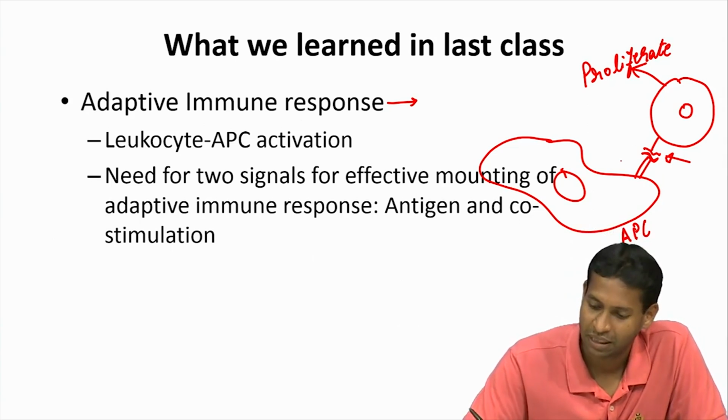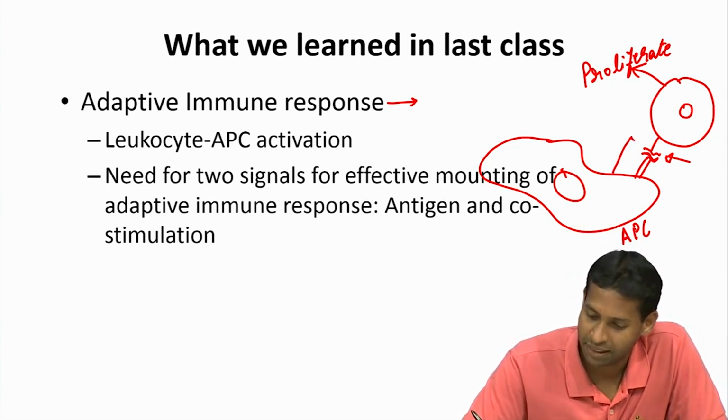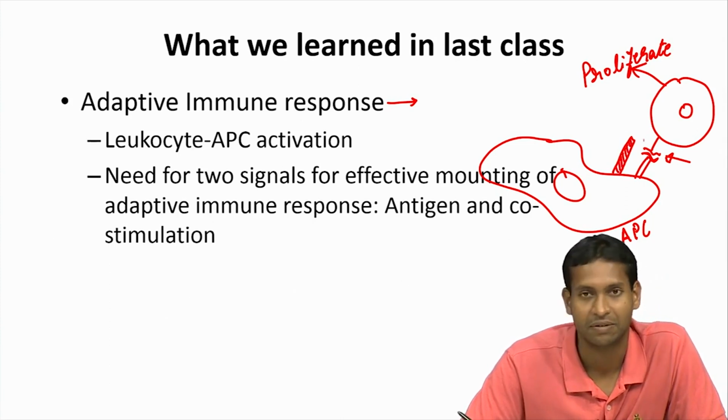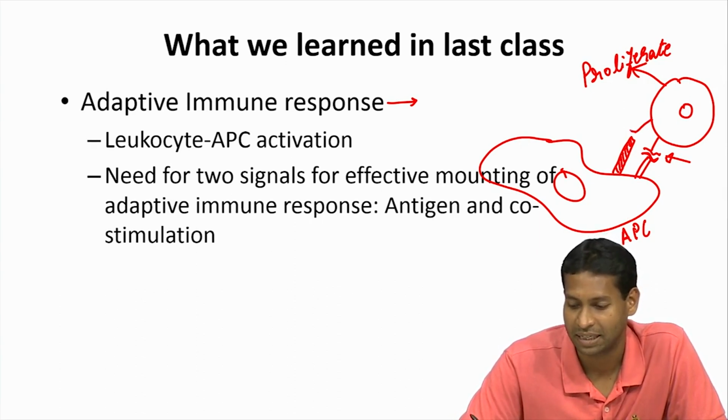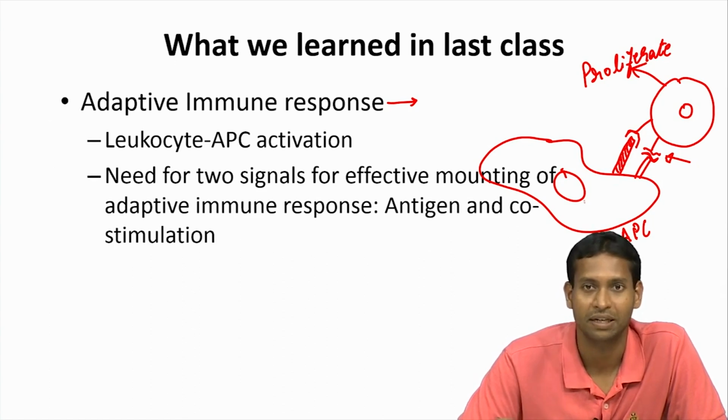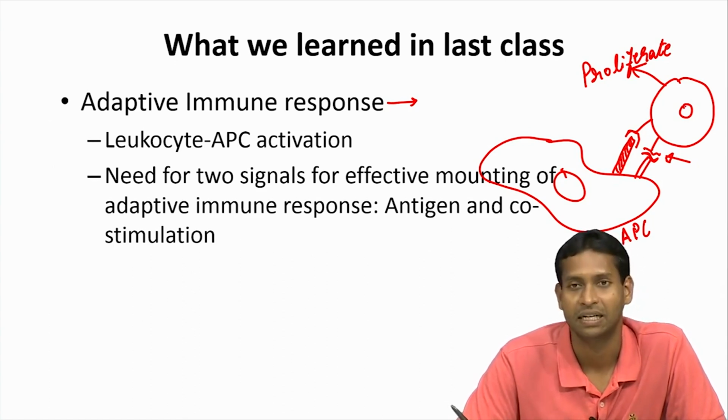If a co-stimulatory molecule is present, which gets expressed when these APCs get activated due to some innate response, this could be bacterial proteins and LPS or some other patterns, then that gets signaled to these leukocytes. Once both signals come in, only then is there an activation of the leukocyte, leading to proliferation of these leukocytes and further enhancement of immunity.